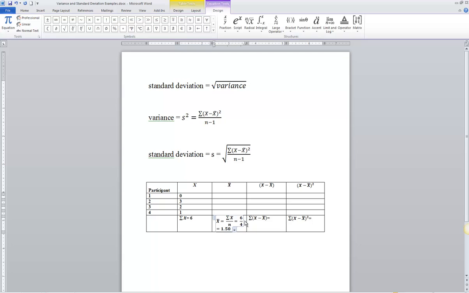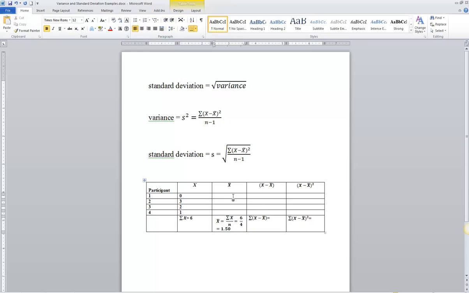I always round all of my data to the nearest 100th place, which is 2 places past the decimal. And that's so when I get into heavier calculations later into the semester, I'll already be in that habit. Okay? So here, I'm going to go ahead and list the mean, because the mean's not going to change for our sample size. And this will allow me to work on my deviation scores.